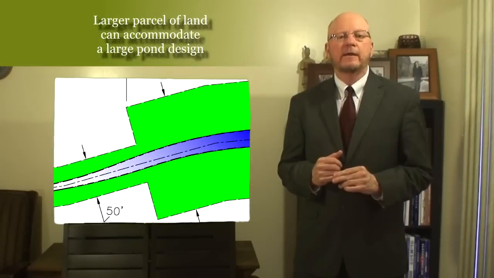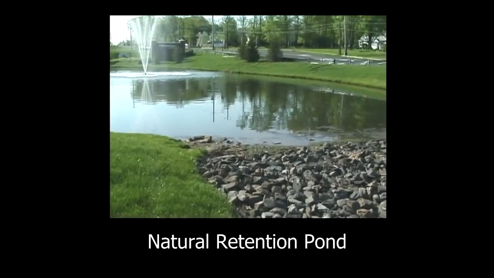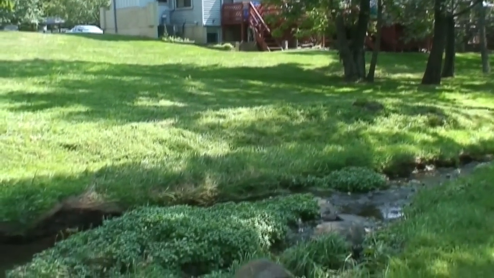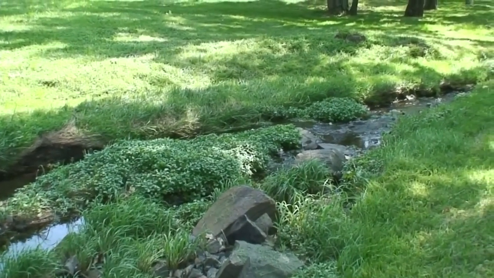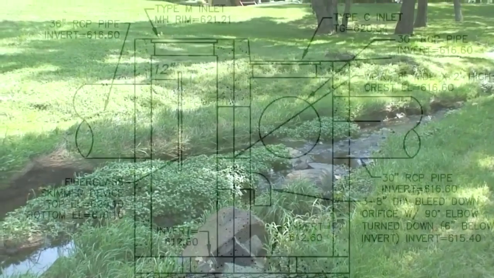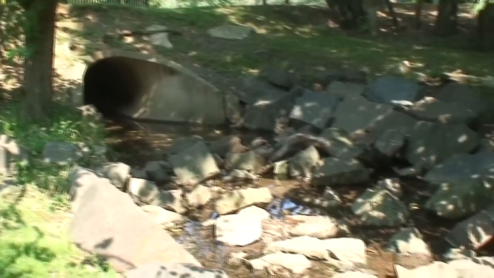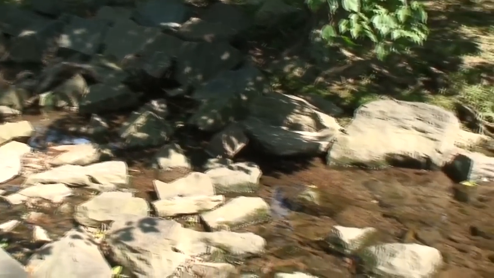When a larger tract of land is available, such as an open space easement, a natural pond should be designed and constructed. When the area is very limited, for example, a 20-foot wide easement over a stream, a structural system such as a sump inlet with a skimmer device could be constructed at that location.